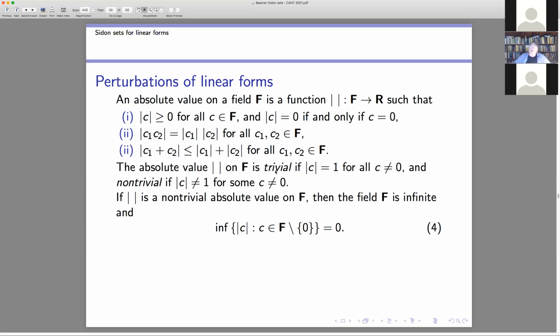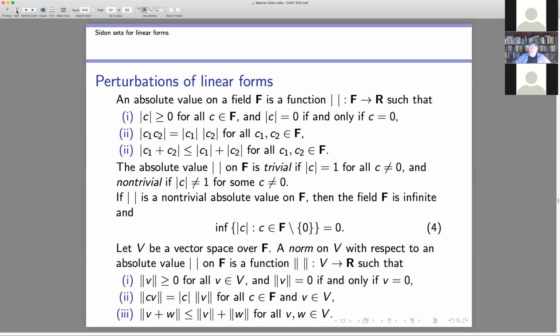It's trivial if every non-zero element has absolute value 1, and it's non-trivial otherwise. And if you have a non-trivial absolute value on the field, you can show right away that the field has to be infinite. In fact, the infimum of the absolute values of the non-zero numbers is 0. So you can get as close to 0 as you like in absolute value.